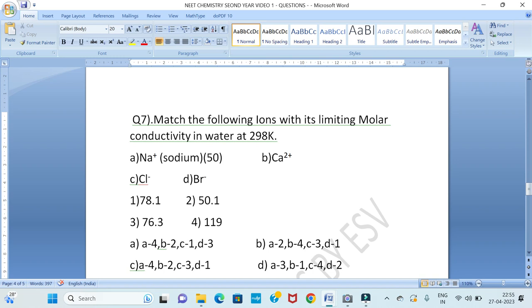Next, chlorine. C3, 76.3. So the letters are G, F, C. Chlorine, Clo.